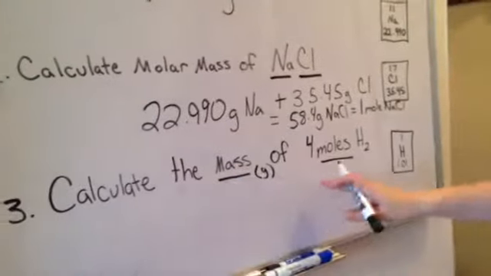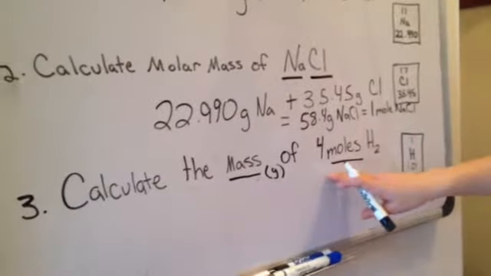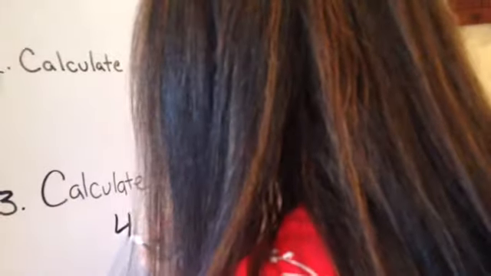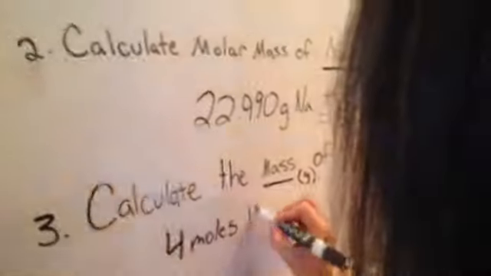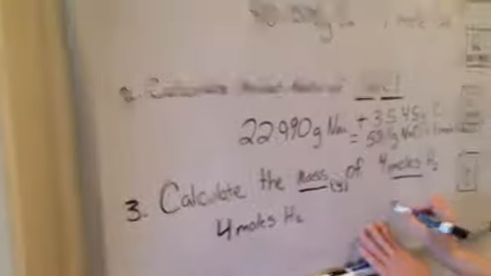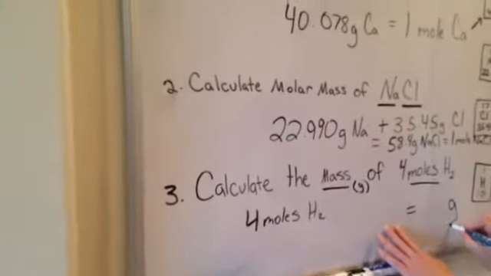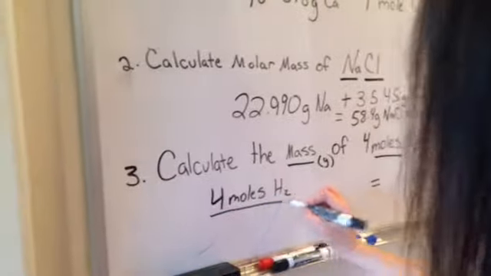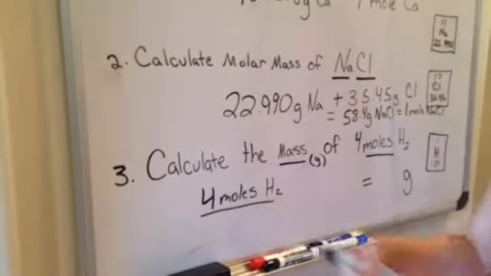So what do we start with? We are told that we're starting with 4 moles of H2. So we're going to write 4 moles of H2. Now you know your final answer needs to be in grams. So the first thing we need to do is get out of moles.